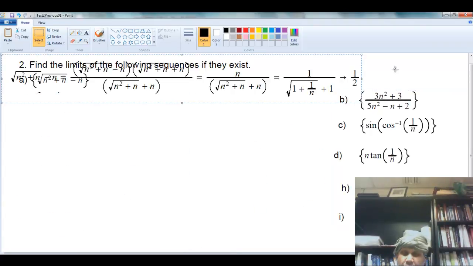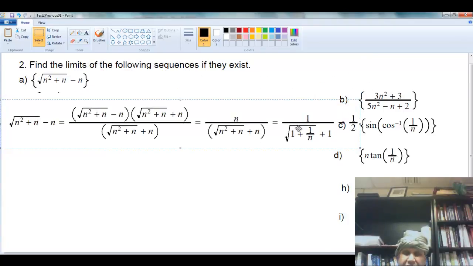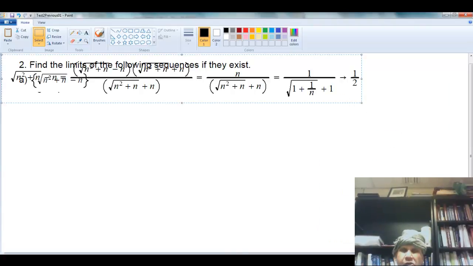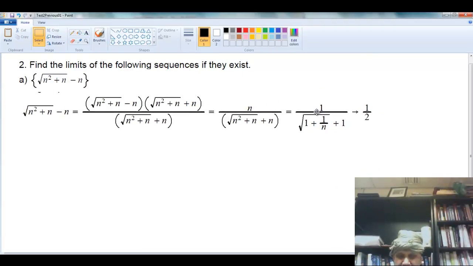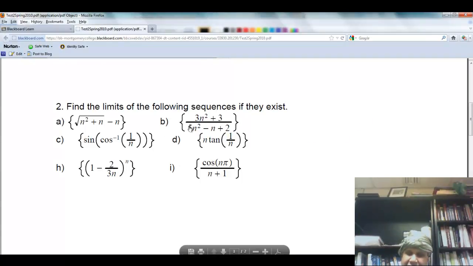And when you're taking n squared out, you have 1 plus 1 over n, and then that guy is outside, plus 1. So what do you have actually? This equals 1 by 2.